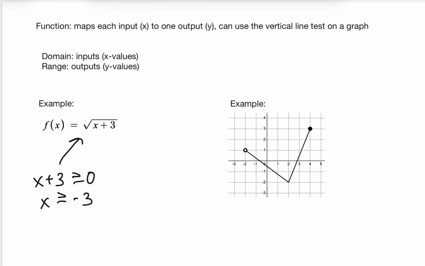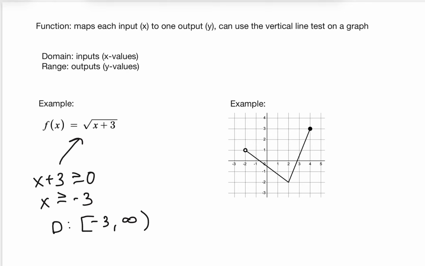So just to review interval notation, we would say that the domain, we would use square brackets and say -3 to infinity. And we always use parentheses with infinity because infinity is not a number, we can't reach it. But we use those square brackets on the -3 because it's greater than or equal to -3, because we can take the square root of 0.